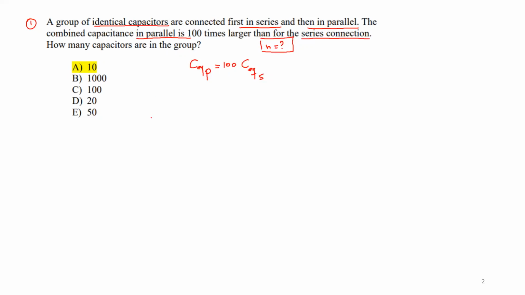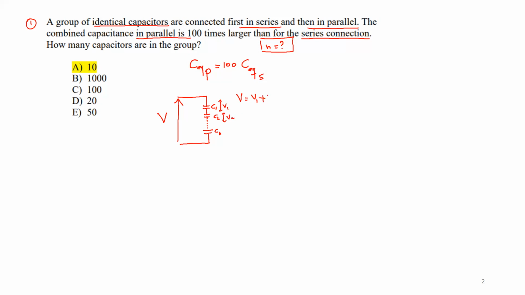As we already demonstrated in class, if we have capacitors in series, let's say C1, C2, and up to Cn, and the voltage across the series combination is V, then V is equal to V1, which is the voltage across C1, plus V2, which is the voltage across C2, and so on.